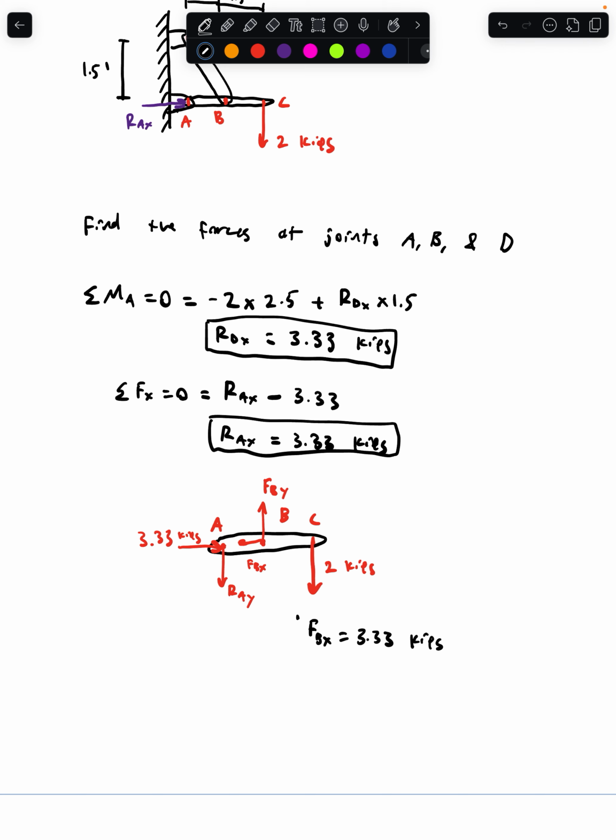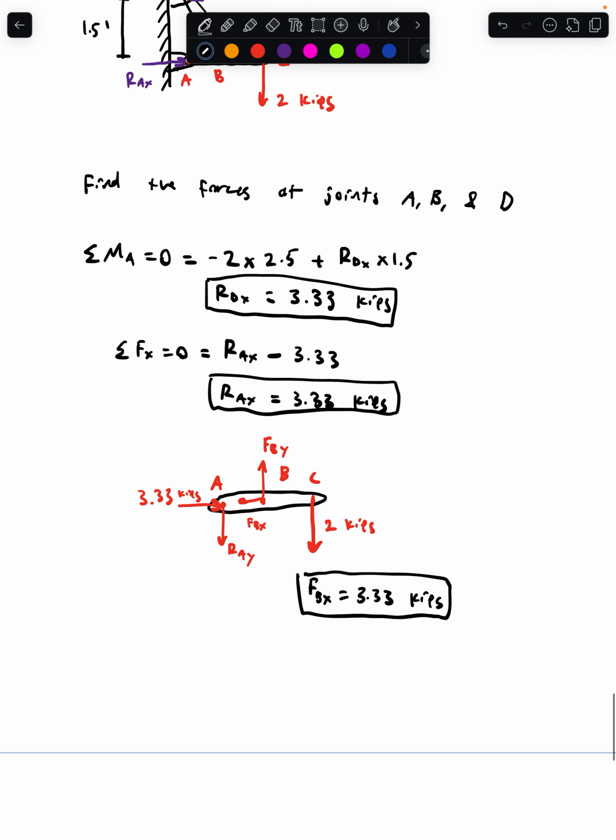And you would do that by taking the sum of the forces in the x direction on this member here. And then we can solve for FBy by doing the sum of the moments about A and setting that equal to 0. And this is not global A, this is A of this member right here.